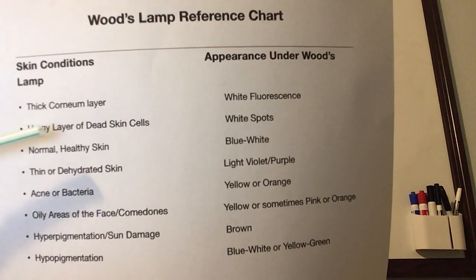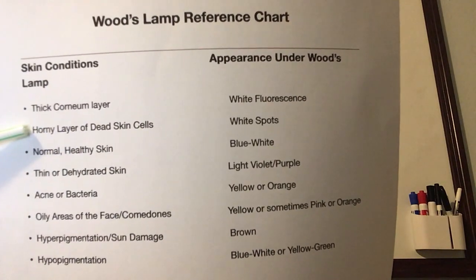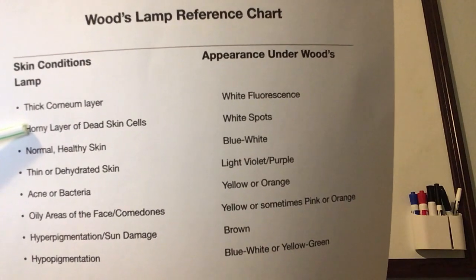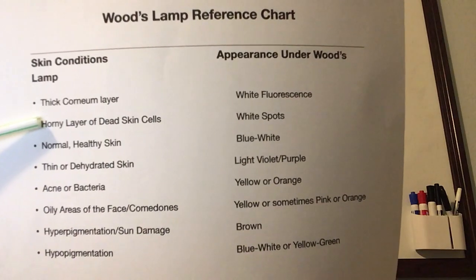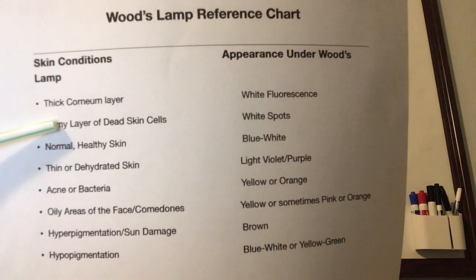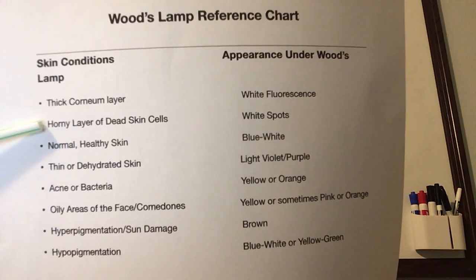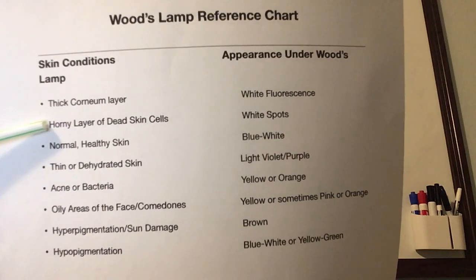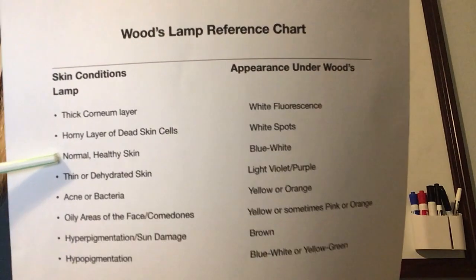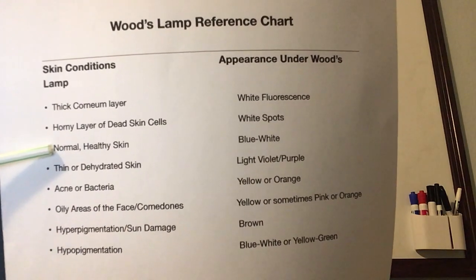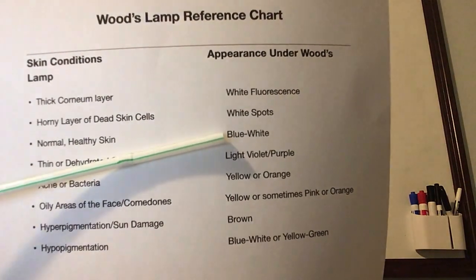I've noticed this with lint on somebody's face, and I tell them, will you wipe off that white spot, maybe on their chin or their nose? If it comes off, then I know it's lint. But if it doesn't, then you know it's the horny layer of dead skin cells. Now, normal, healthy skin is going to appear blue-white.